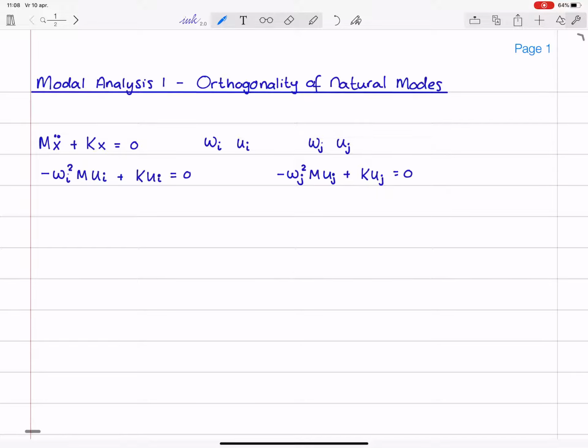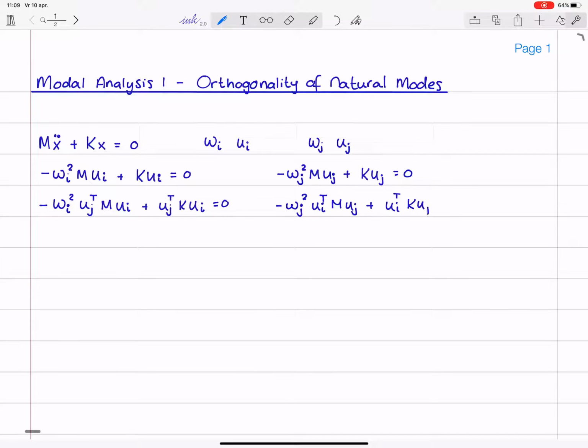Good, let me pre-multiply the first equation by u_j transposed. So we have minus omega i squared u_j transposed M u_i plus u_j transposed K u_i is 0. And let me pre-multiply this one by u_i transposed. So minus omega j squared u_i transposed M u_j, and also here u_i transposed K u_j, that is equal to 0.